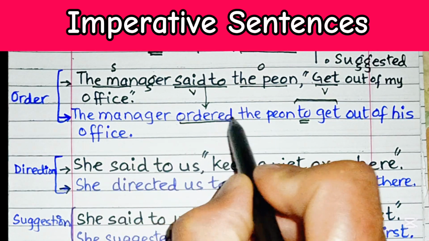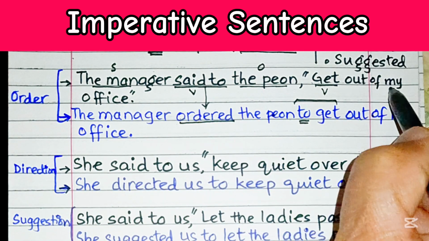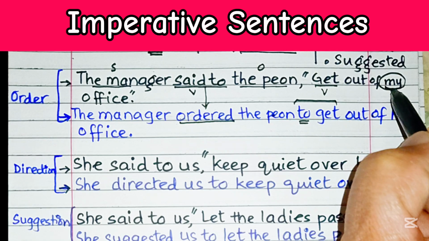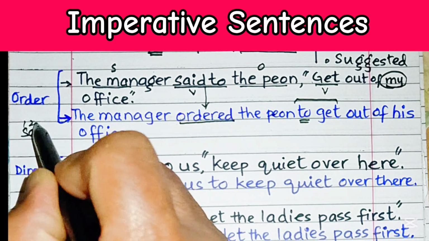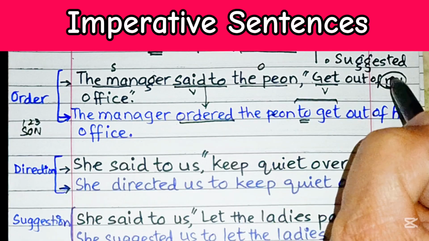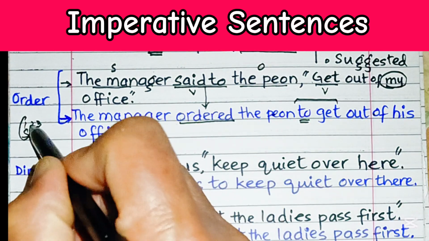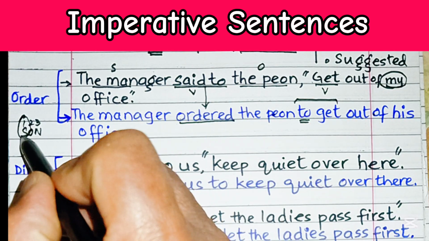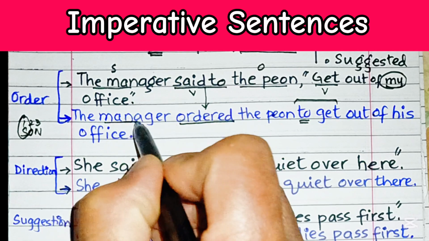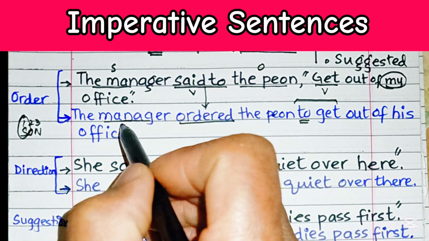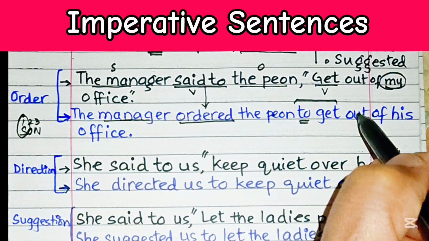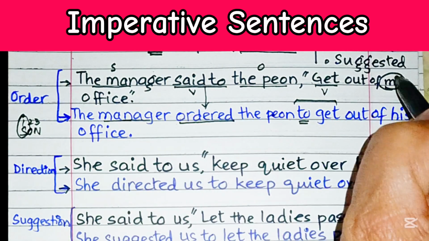The manager ordered the peon to get out of, and then this "my" is first person, and we know that according to the SON pattern, first person is to be changed according to the subject of the reporting speech. And if we replace the manager by a pronoun, it will be "he." So we put it into the possessive case.